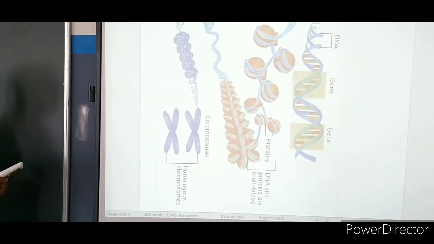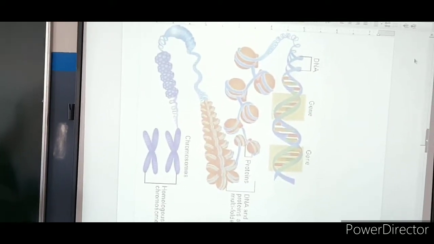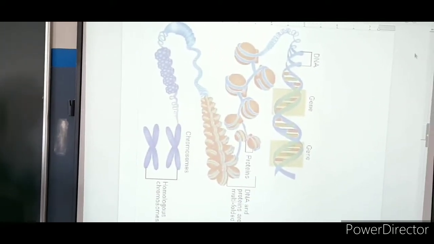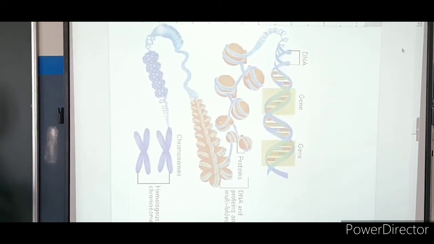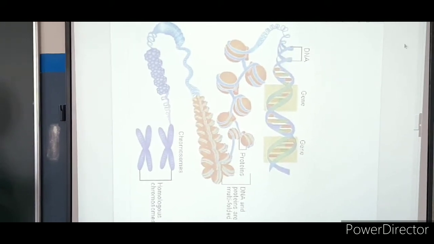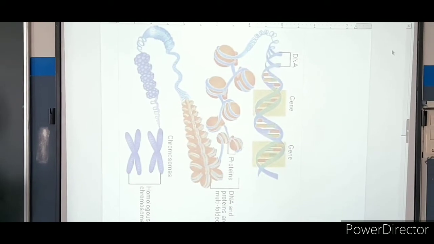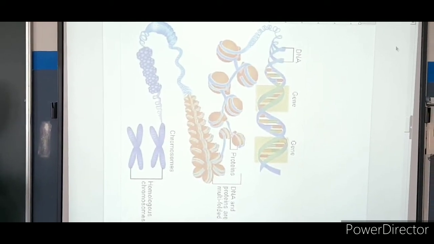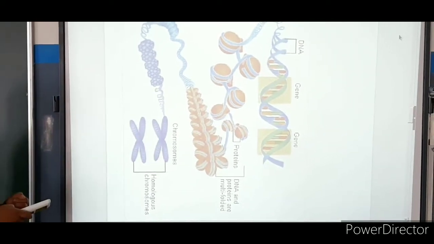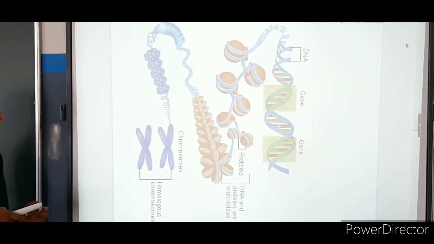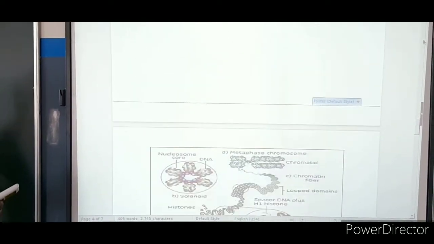Now if you see this chromatin fiber, almost 60% is made of histones, whereas 40% is made of DNA. And this DNA carries the genetic information, which is called the gene. We'll discuss the gene and DNA in detail in our classes here.